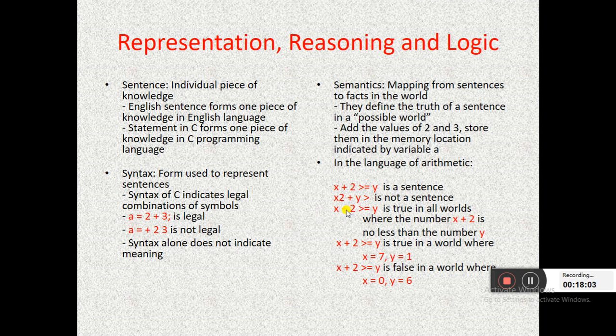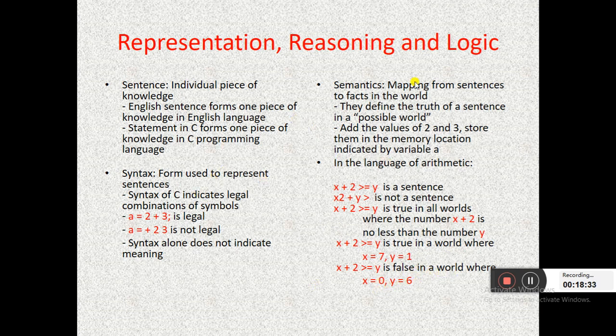And here we have: x plus 2 is greater than or equal to y is true in all worlds where the number x plus 2 is not less than the number y. So some of these are sentences and some are not. x plus 2 is greater than y is true in a world where x is equal to 7 and y is equal to 1. x plus 2 is greater than y is false in a world where x is equal to 0 and y is equal to 6.